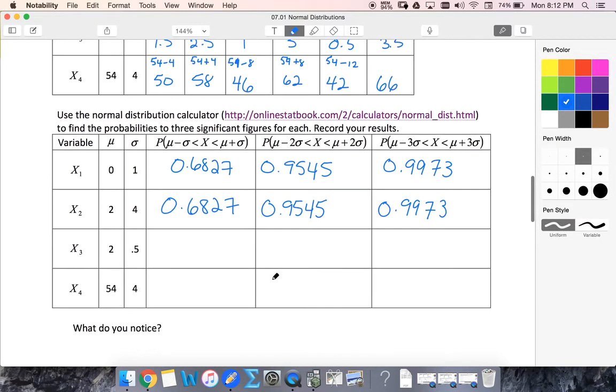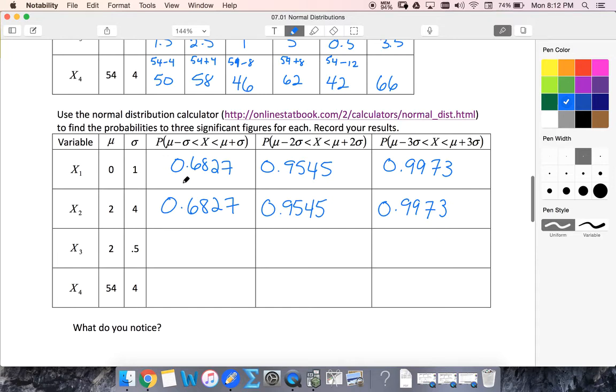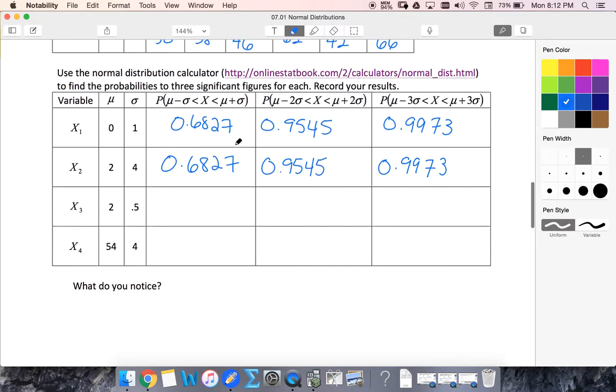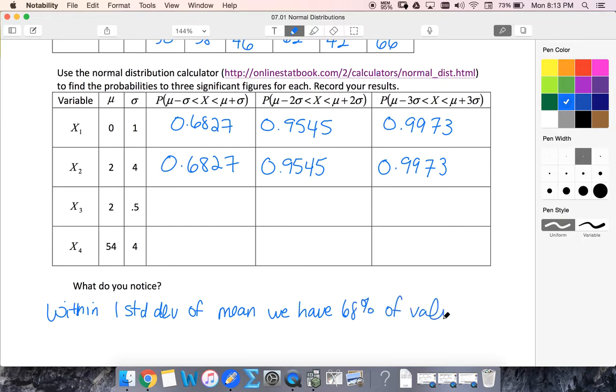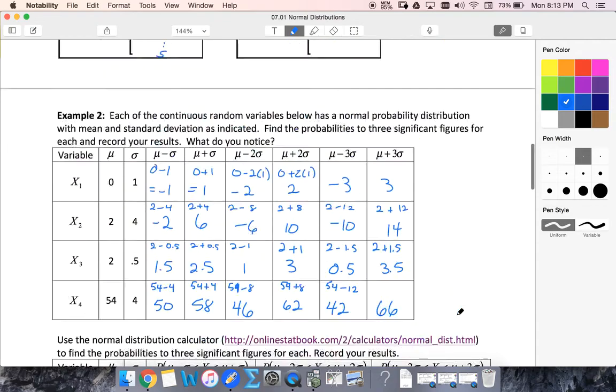So what this is really saying is that within 1 standard deviation of the mean, we have 68% of values.